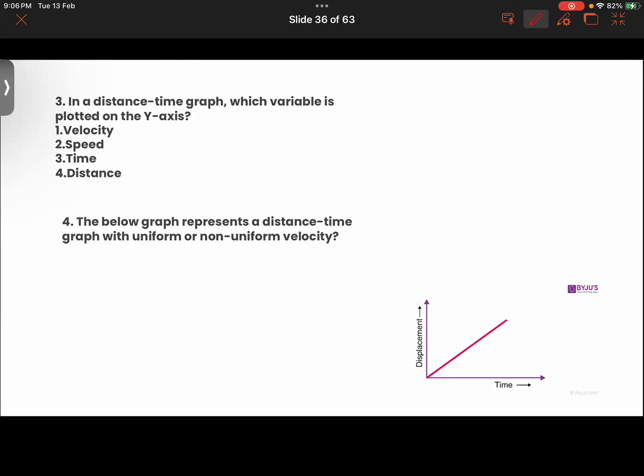On the y-axis, which variable is plotted? Sir, distance. Correct. The below graph represents a distance-time graph with uniform or non-uniform motion? Yes, Sundar, you answer this one. Question number 4.